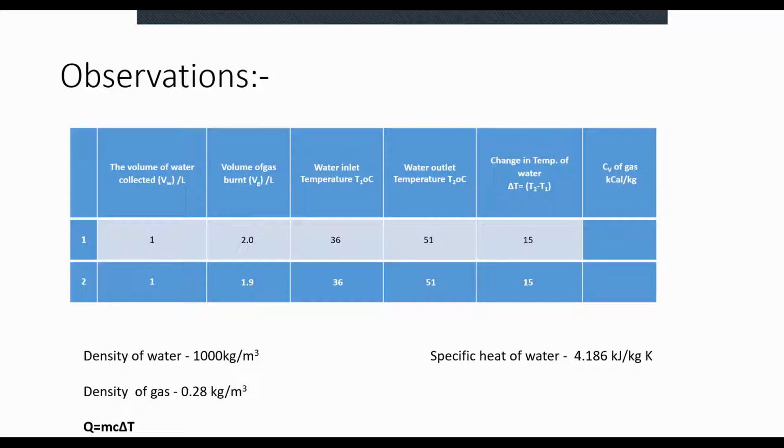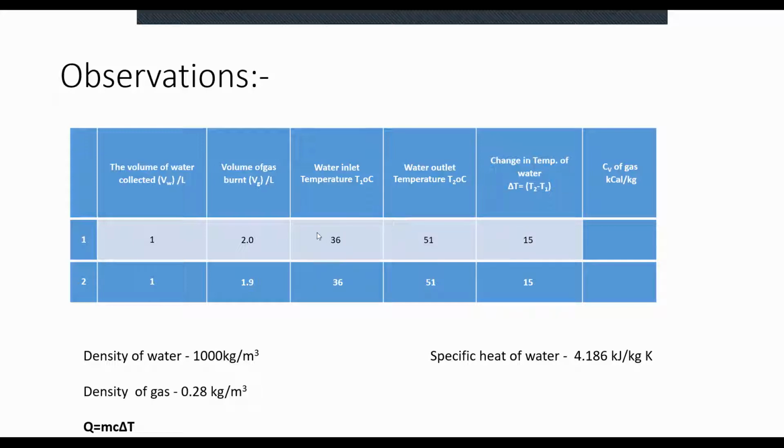So while collecting 1 liter of water, we can calculate the burned LPG gas. The volume of burned LPG gas is 2 liter. So we assume that the energy produced by burning 2 liter of LPG gas will be absorbed by that 1 liter of liquid water, right?